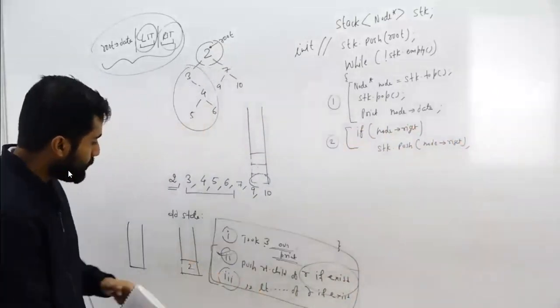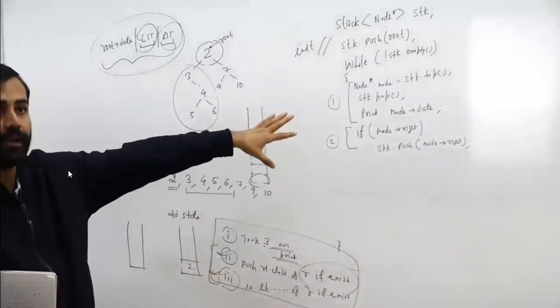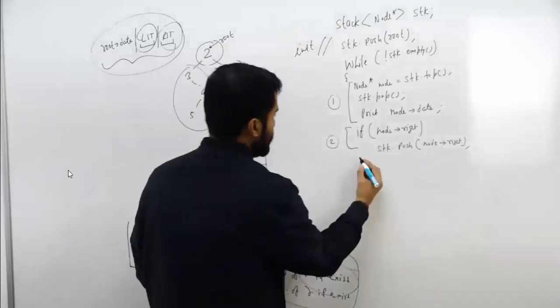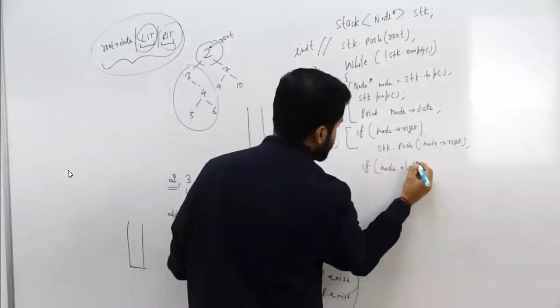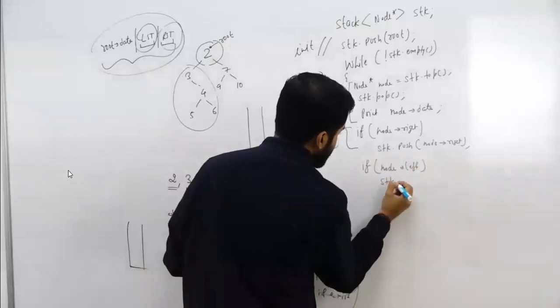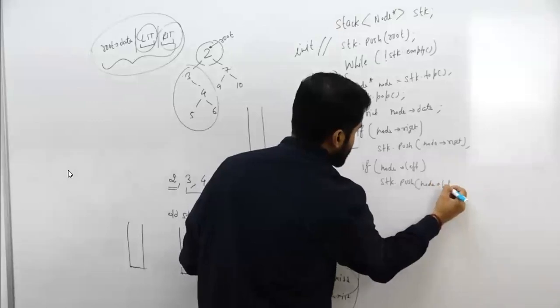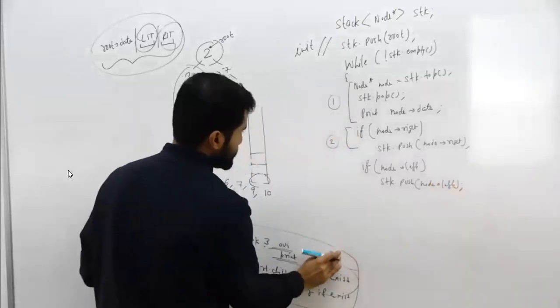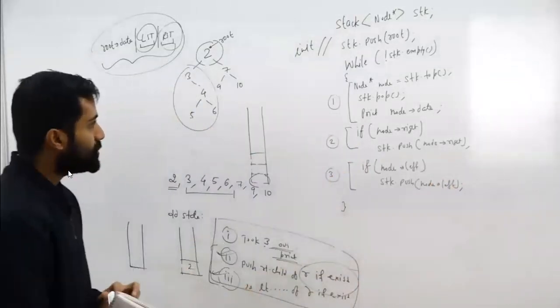The third step will be exactly the same. The only difference is that instead of node right, it will be node left. So if your node left exists, you will do stack.push of node left. This is the third step. That's it. The job is done.